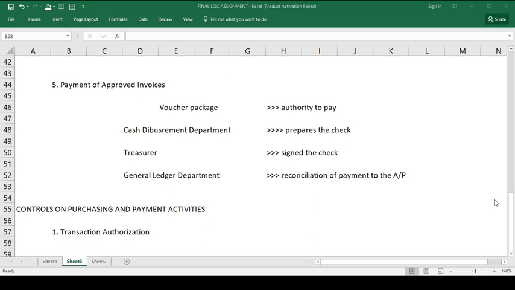The next, we have the segregation of duties, no. Another control that is being required in the purchasing department and payment is the segregation of duty or responsibility.